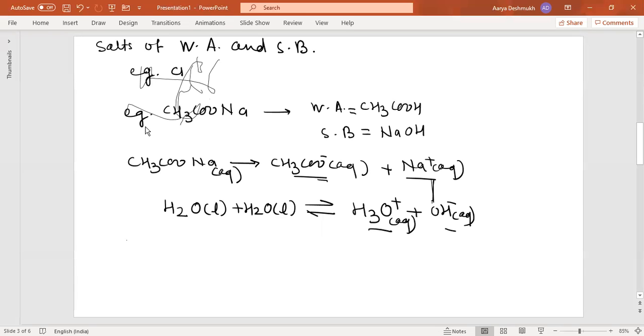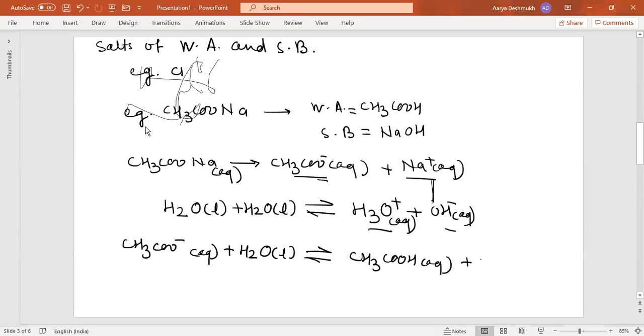But the acetate ion, CH3COO minus, of this salt will react with H3O plus ions or protonium ions from water, and it will produce unionized CH3COOH. So CH3COO minus aqueous hydrolyzes like this: CH3COOH plus OH minus ion.